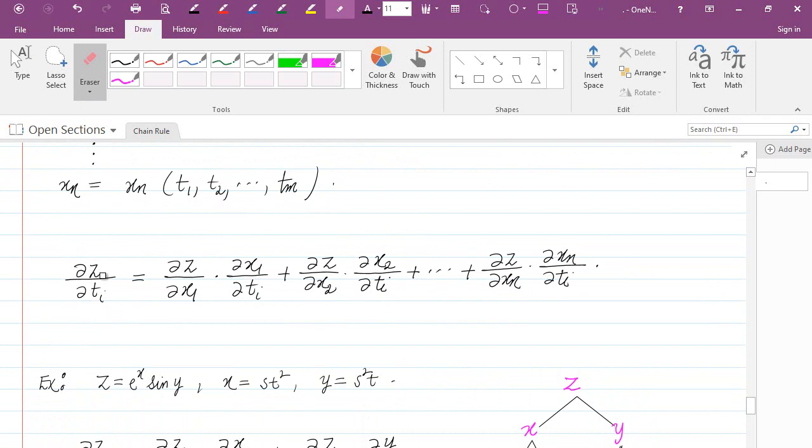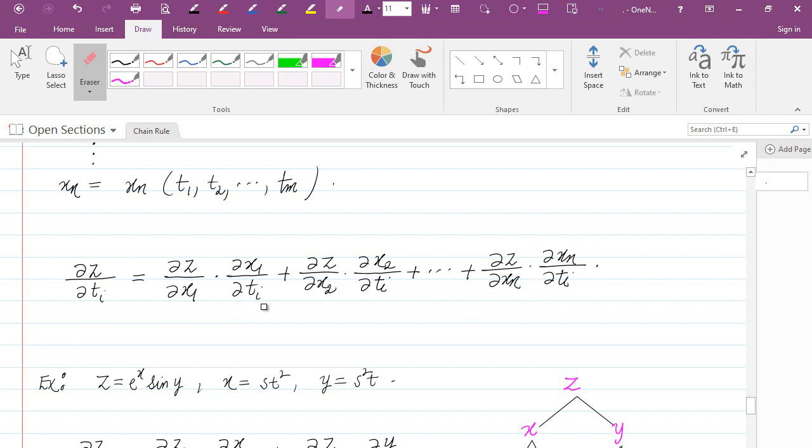The partial derivative of z with respect to ti is equal to the partial derivative of z with respect to x1 multiplied by the partial derivative of x1 with respect to ti, plus the partial derivative of z with respect to x2 multiplied by the partial derivative of x2 with respect to ti, plus and so on, plus the partial derivative of z with respect to xn multiplied by the partial derivative of xn with respect to ti.